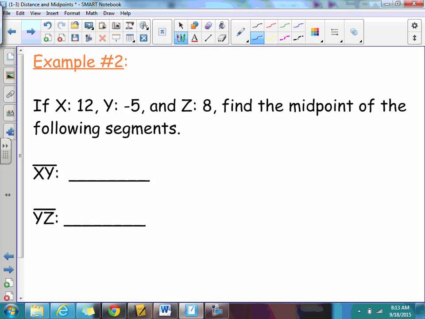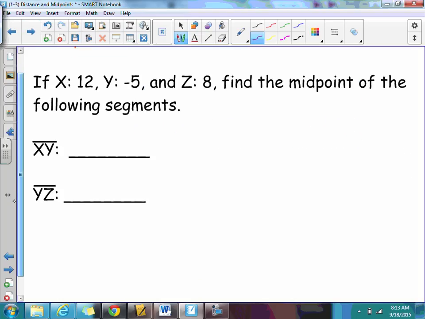So here we go, using the same points we did before, X, Y, and Z, I want to find the midpoints of the segments. To find the midpoint, take your endpoints and add them. So 12 plus negative 5 and divide by 2. 12 plus negative 5 is 7. Does anybody know what 7 divided by 2 is? 3.5. There you go, very good.